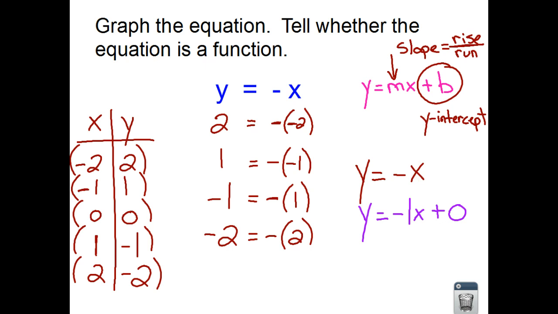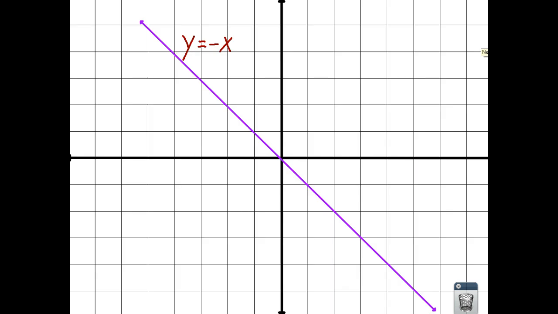Now if I were to go graph this again, and I have y equaling mx plus b, my y-intercept is known as the origin because I have a 0 here.